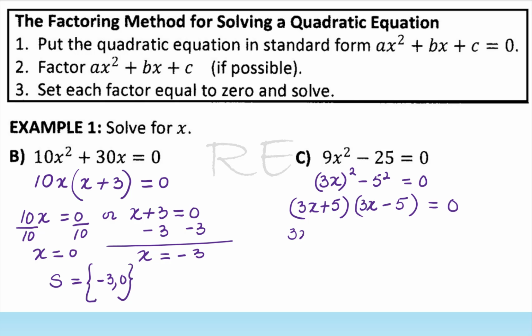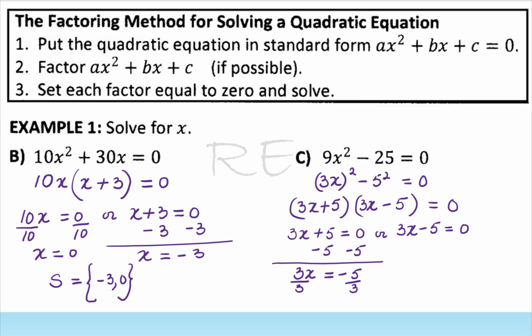Set each factor equal to 0: 3x plus 5 equal to 0, or 3x minus 5 equal to 0. When we subtract 5 from both sides, 3x will be equal to negative 5. And when we divide by 3 on both sides, x is equal to negative 5/3.